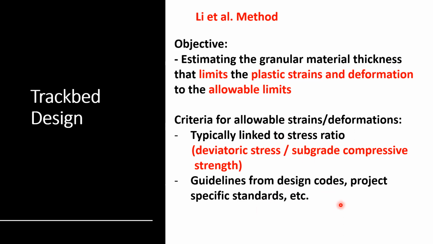With guidelines, you have numbers to start with, but sometimes they are more stringent than needed, or sometimes they are a bit loose. So you need to check what your guidelines are and the criteria that you need to pick your allowable strains and deformations.